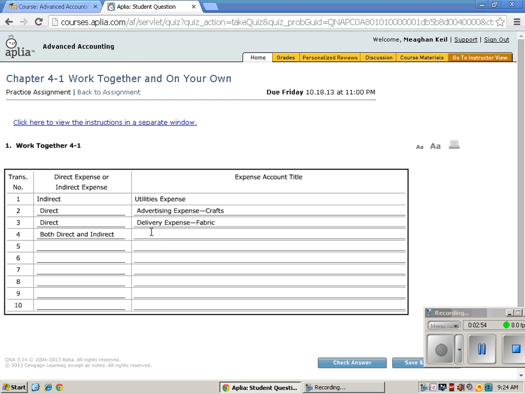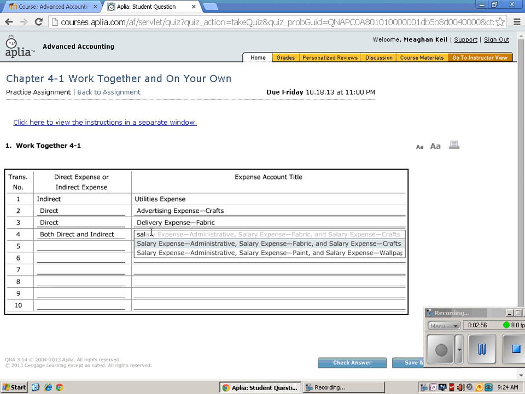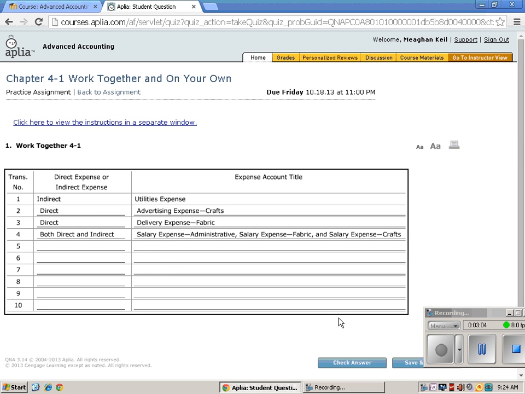So it's going to be salary expense, administrative, fabric, and crafts. Obviously the fabric salaries go with the fabric department, but then the administrative is going to go with both. So that's why it's both direct and indirect.